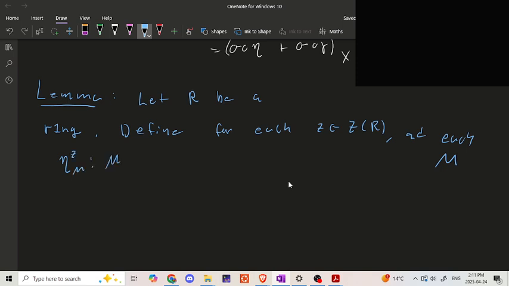So this will be a morphism from a module to itself. How are we going to define it? We will take an element and simply act on it by z in the module.